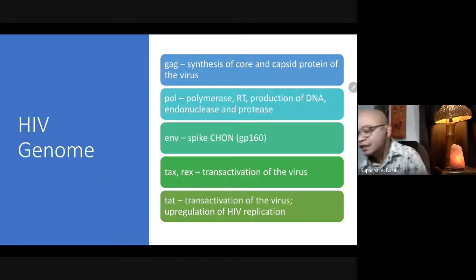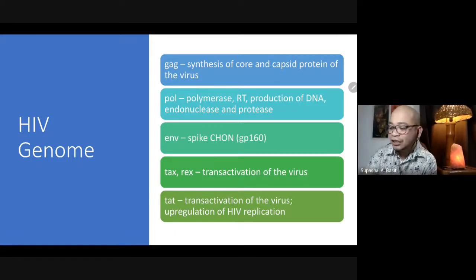Let's specifically talk about the HIV genome. The GAG gene will synthesize the core and capsid proteins of the virus. Okay, the POL, the polymerase, will synthesize the polymerase enzyme, the reverse transcriptase, and the nuclease and protease.